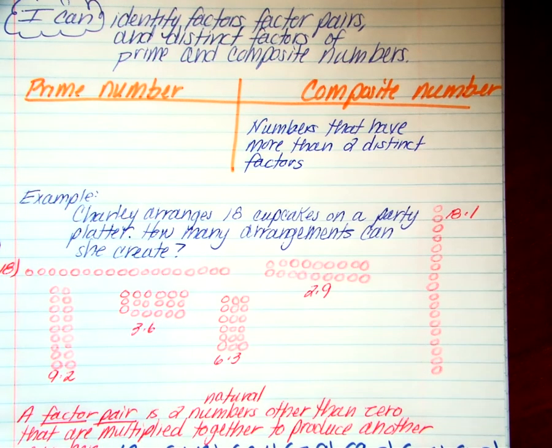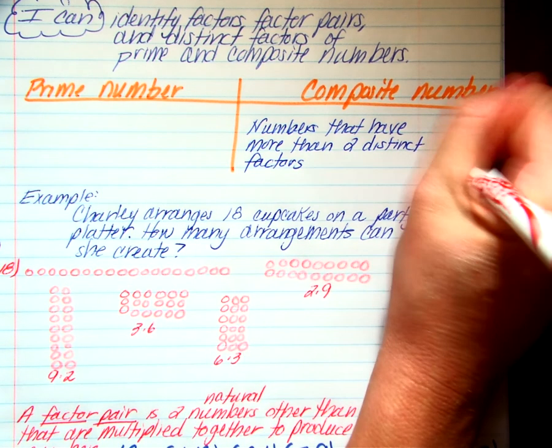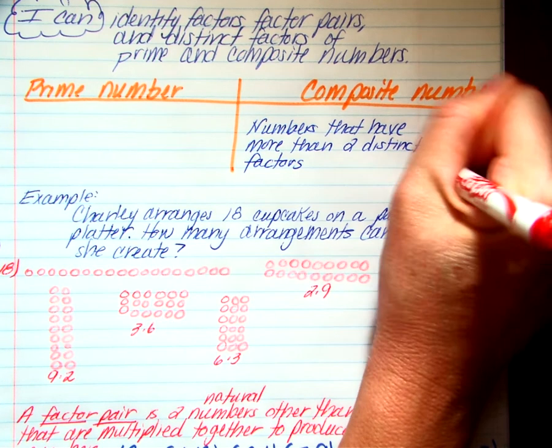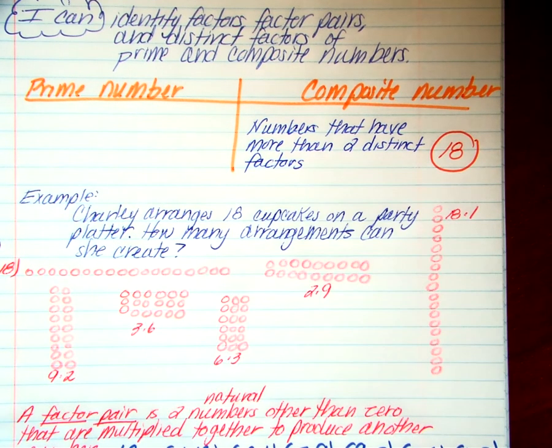What is one that we know? We just did one. We did a whole lot of it. We know that 18 is a composite number. 18 is definitely an example of a composite number.